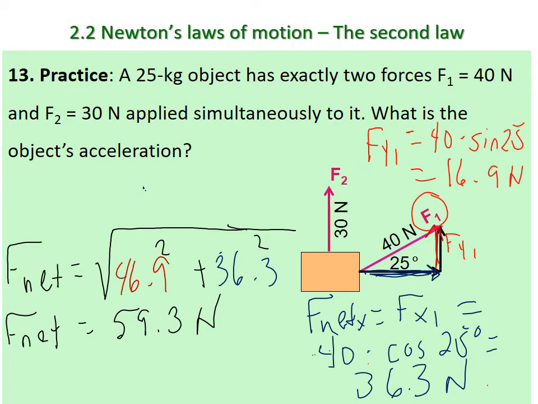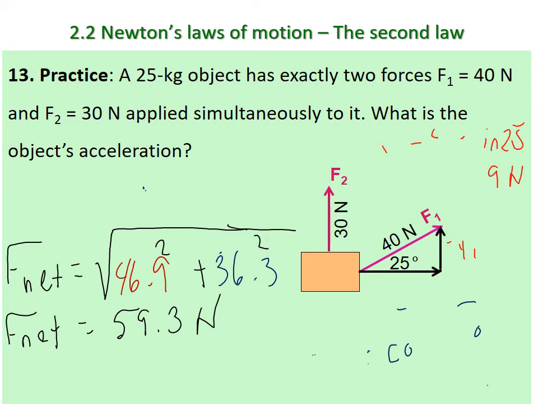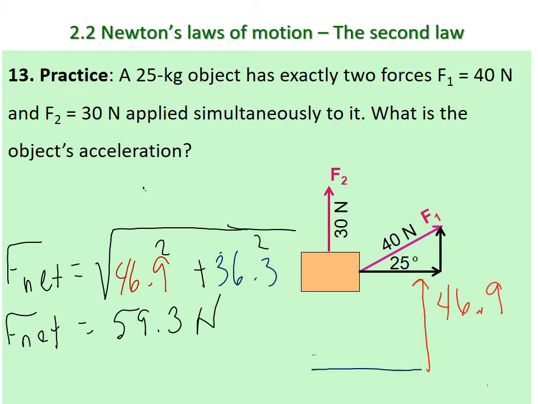If I look at these vectors, my resulting vector triangle, this is what this looks like. My net force in the y direction is 46.9 newtons. I had a net force in the x direction, sorry the arrow's a little too large, but that's okay, 36.3 newtons. So my F net is the resulting hypotenuse of this vector right triangle. It's 59.3.